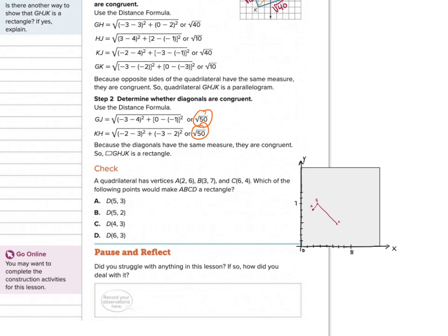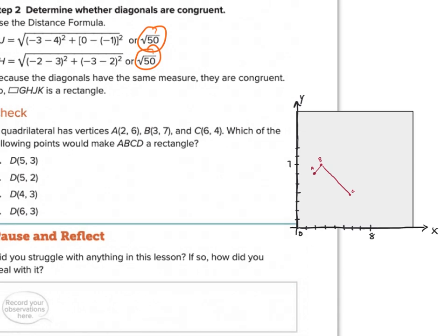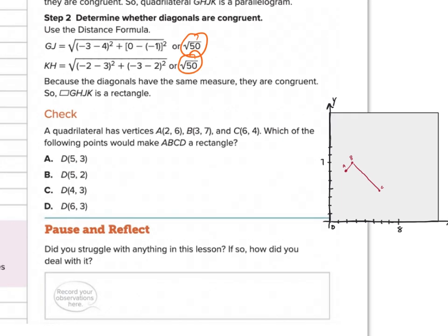Let's see. Looking at the quadrilateral in this example, I've gone ahead and graphed this because it's easier with a graph to look at. So here are my 3 vertices for my quadrilateral. Which of the following points would make ABCD a rectangle? So which one of these, because I've graphed it, is going to make it a rectangle? If I go to 1, 2, 3, 4, 5, 1, 2, 3, that looks pretty good.